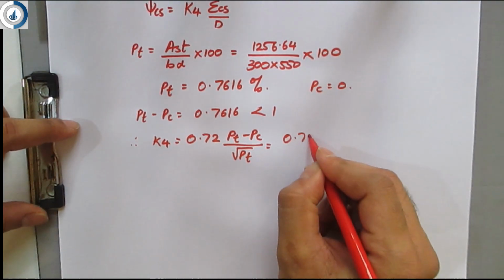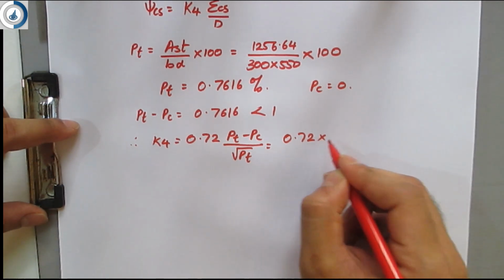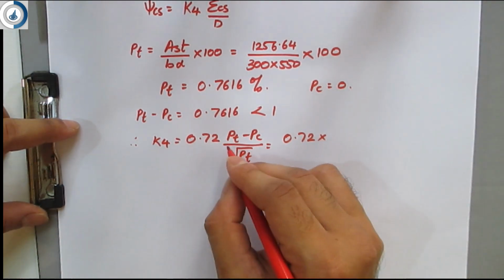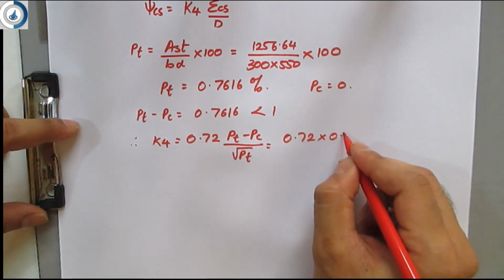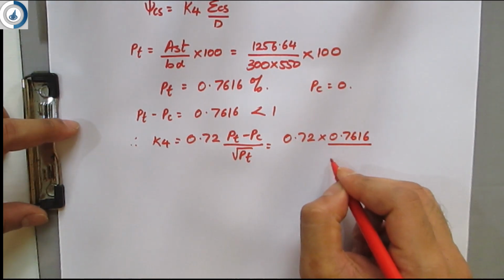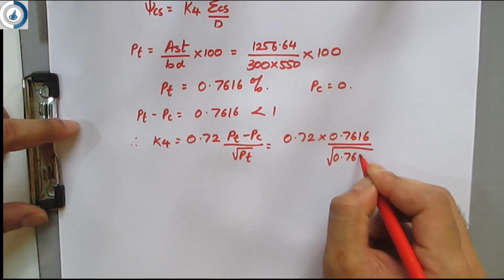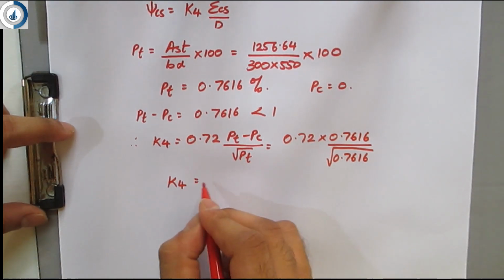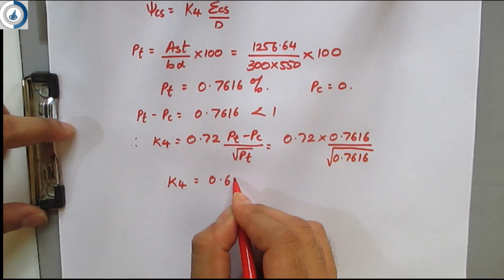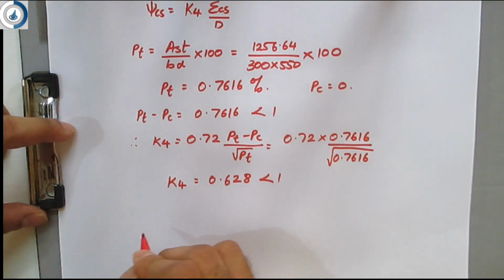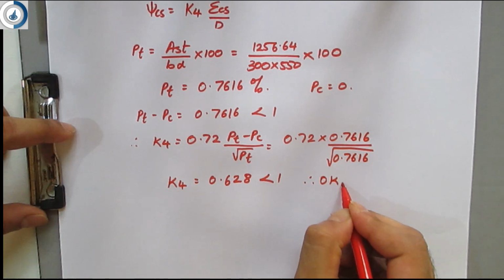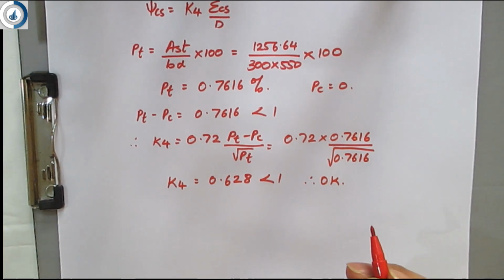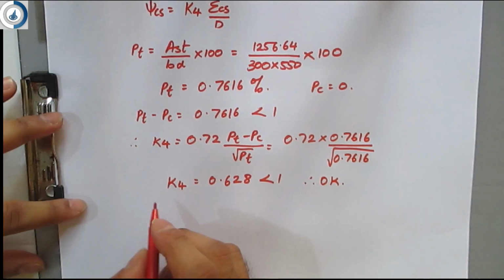So 0.72, then PT minus PC is 0.7616, therefore root of 0.7616. So K4 you will be getting here is equal to 0.628, which is less than 1.